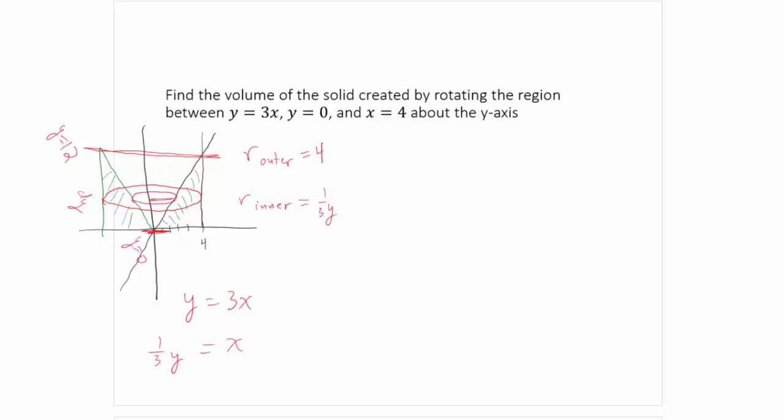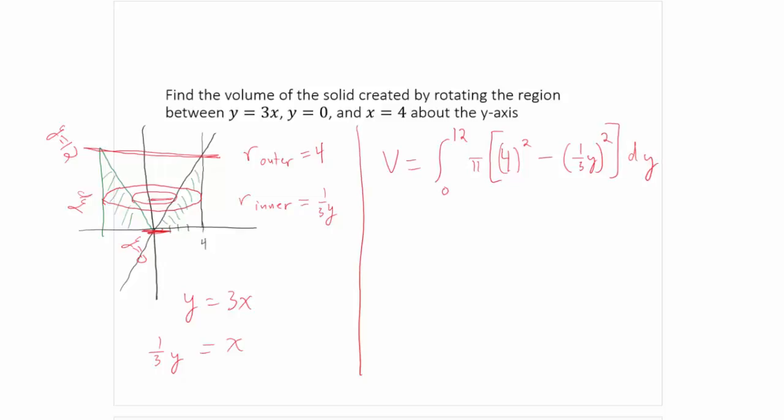And then my integral for the volume would be the integral from 0 to 12 of pi times the outer radius squared minus the inner radius squared dy. I can bring the pi outside.